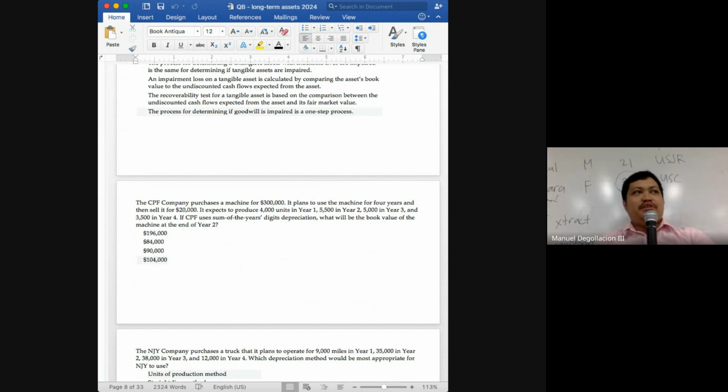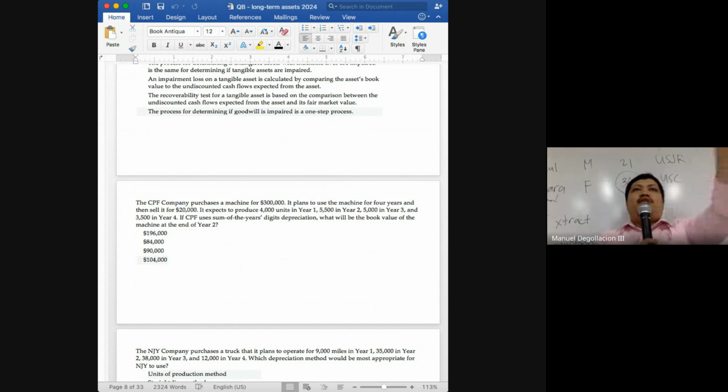So how much is depreciation in year one? 112. In year two, 84. So accumulated depreciation would be 196. And you now deduct the 196 from 280 or 300? 300. So 300 minus 196 will give you 104,000.